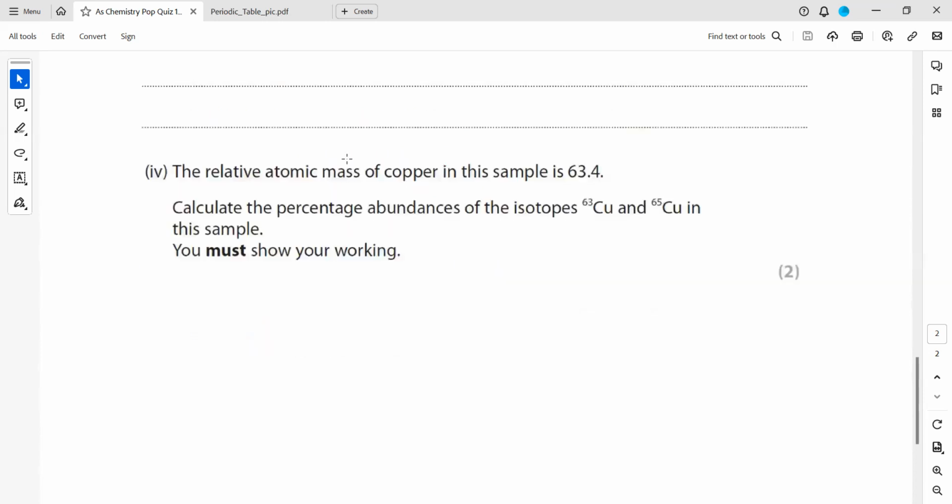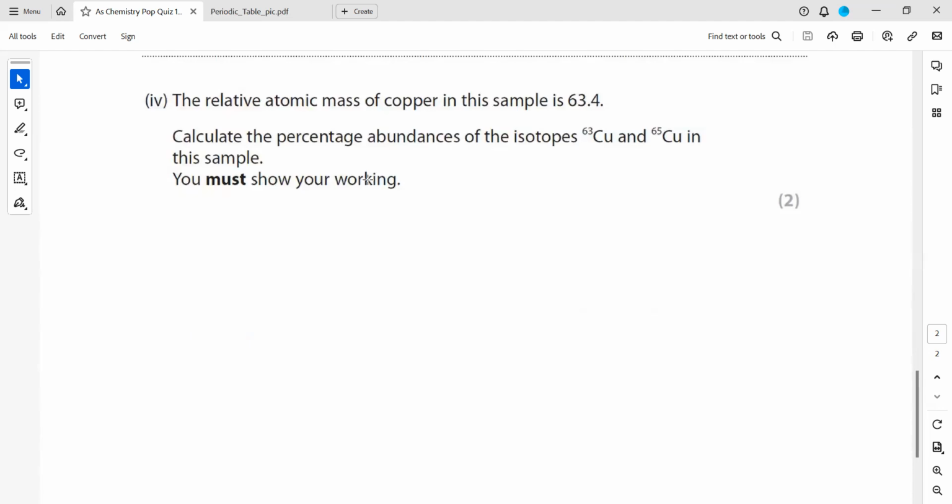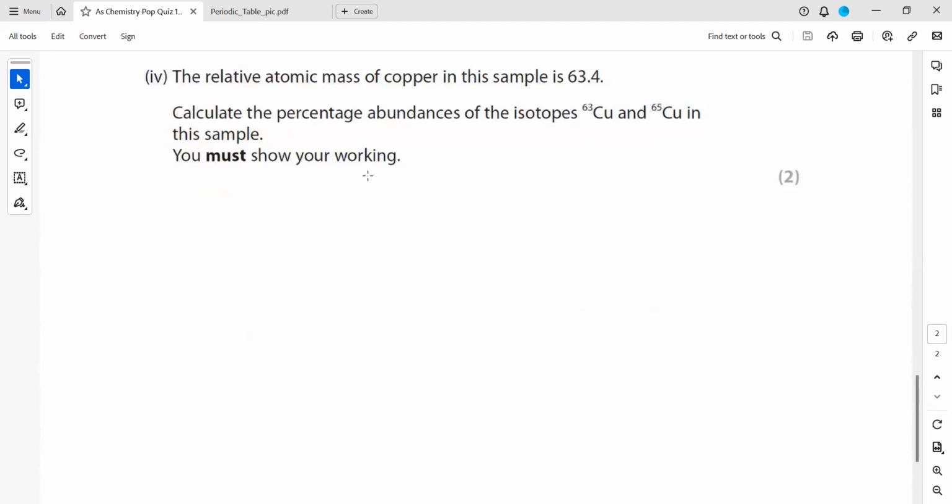The next is the relative atomic mass of copper in this sample, which is 63.4. Calculate the percentage abundance of the isotopes in this sample. So how to do this? The average mass of the two isotopes is 63.4, and we need the percentage abundance.